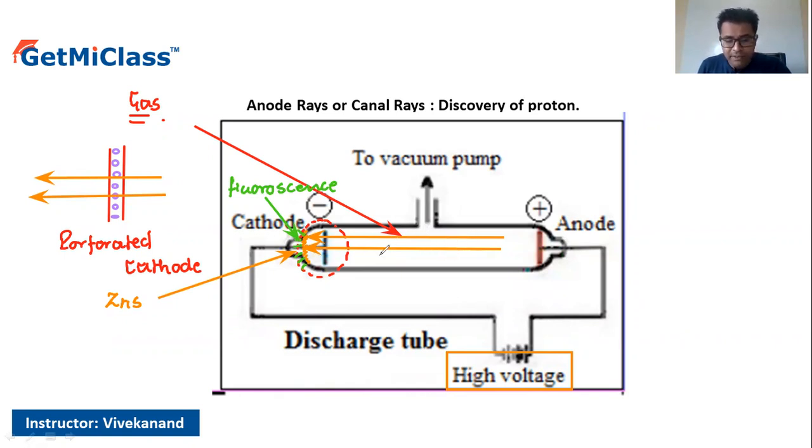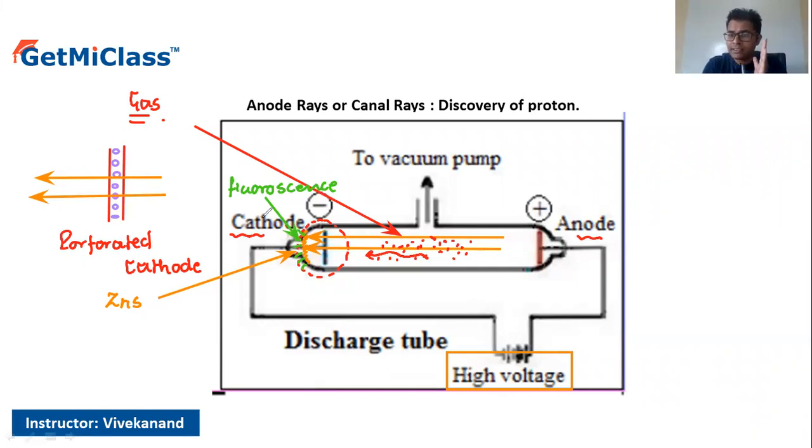These rays are produced in the space between the cathode and anode. That means, because of the ionization of the gases that we have taken, these rays were produced, and they travelled all the way to the cathode.